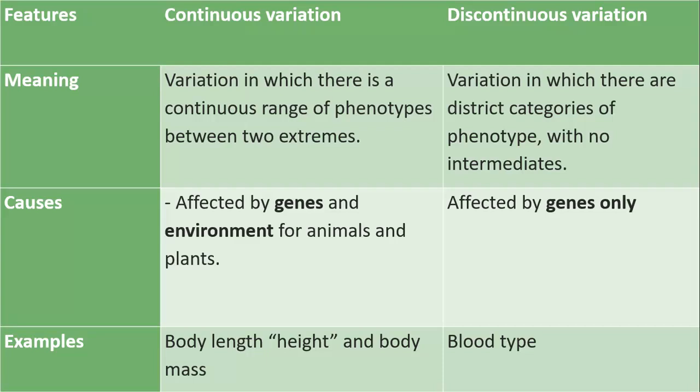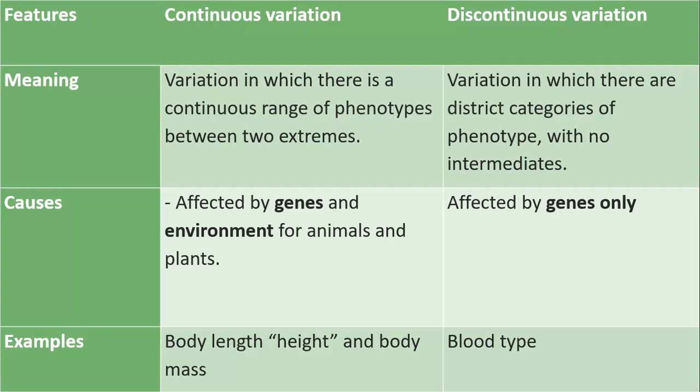So this means that you have a continuous range between two extremes. Let's say that the minimum height of a population is 150 centimeters, while the maximum height is 200 centimeters. In between, you have a continuous range of this variation.